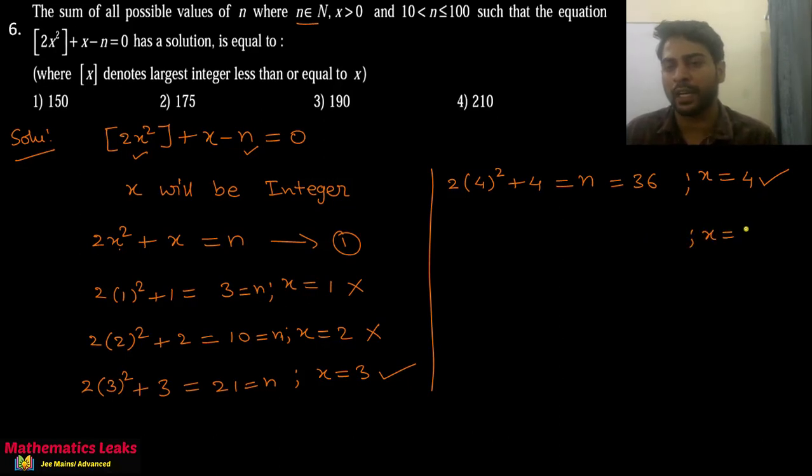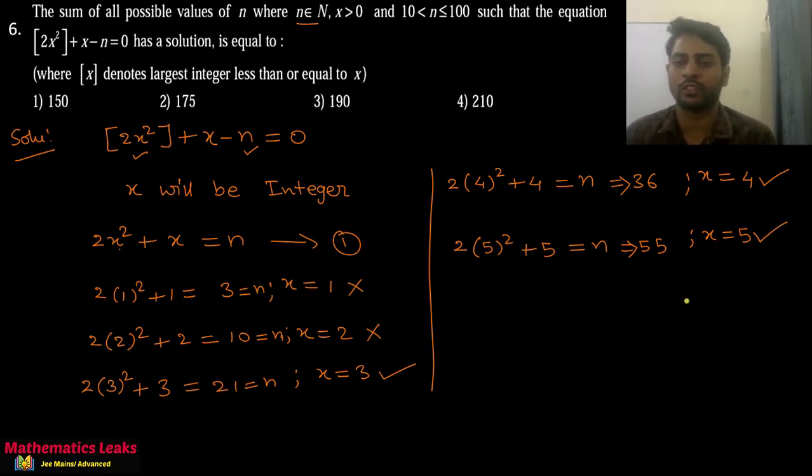Similarly when x is equal to 5, in that case if you check here, again putting in equation number 1 at the place of x, x equals 5, we get 2 into 5 square plus 5 is equal to n. So the calculated value we are getting here is 55. So n equals 55 is also an acceptable value which is in between 10 to 100.